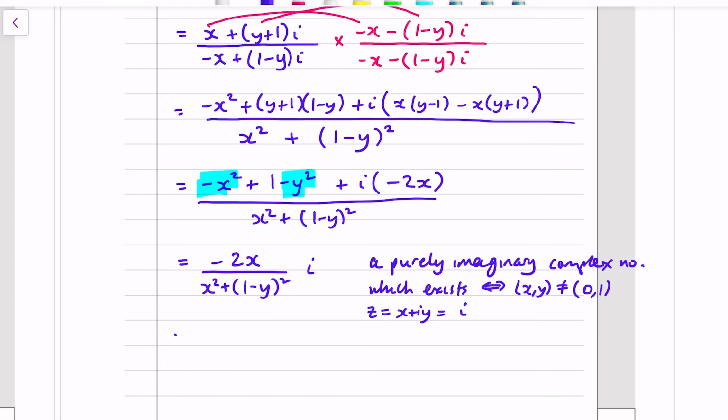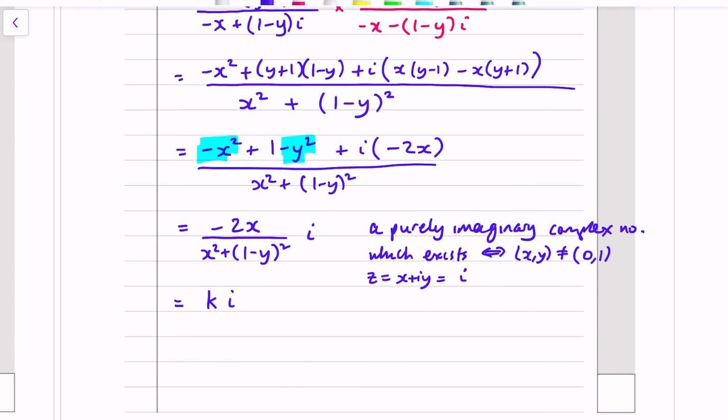And so what we've actually got is some real number times i. And I'll leave you to think about it, but the real number that's in front of the i can be any number between minus infinity and infinity, depending on what you choose for x and y.